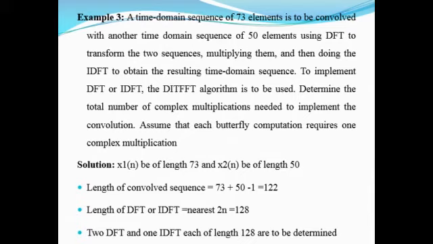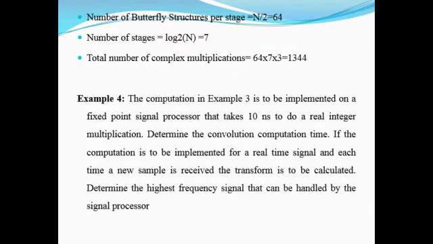The previous value is 64, the next value is 128, then 256, 512 and so on. So the nearest value to 122 in terms of 2 power n is 128. So 2 DFTs and an IDFT of length 128 are to be determined. That is the solution.